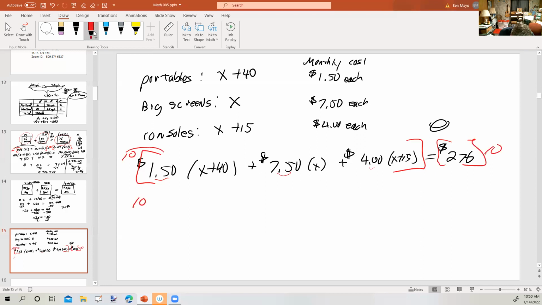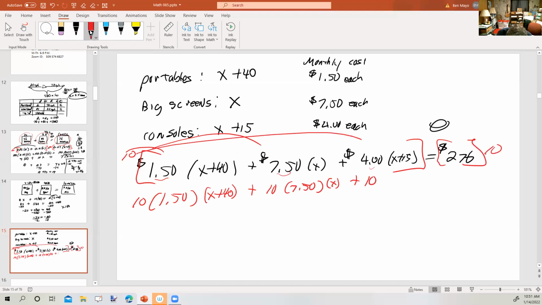So distributing, 10 times 1.50 times x plus 40, plus 10 times 7.50 times x, plus 10 times 4.00 times x plus 15 equals 276 times 10.